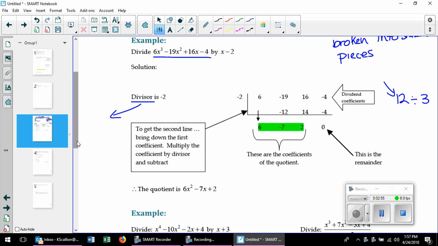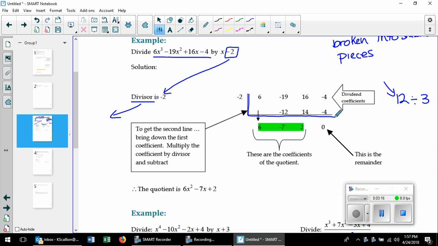If you really want to learn long division, I will teach you. What you do with the divisor is you just take the constant from it. That gets put in as -2. So you're going to draw an L-shaped box. The coefficients of the dividend go on the top line.